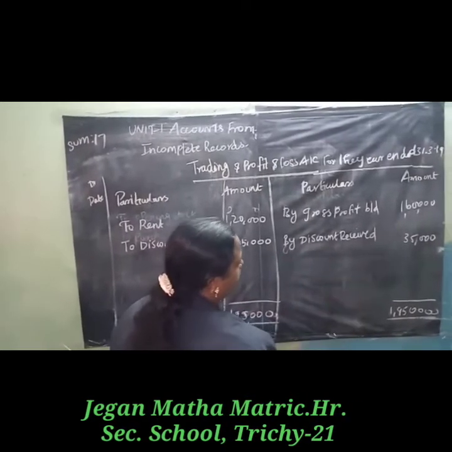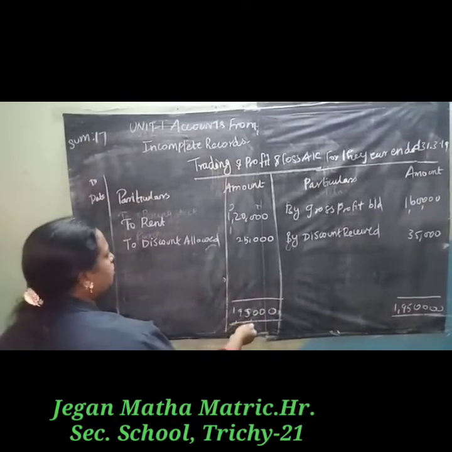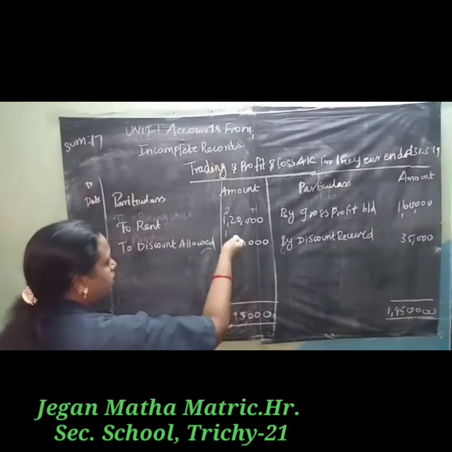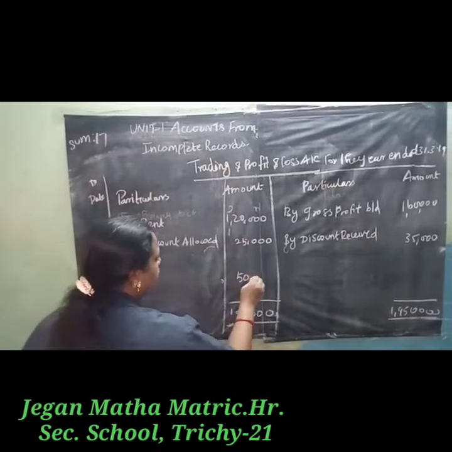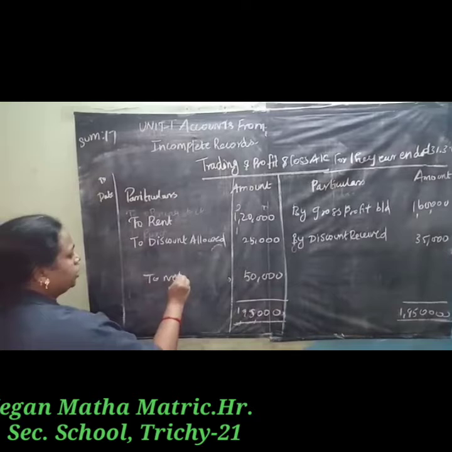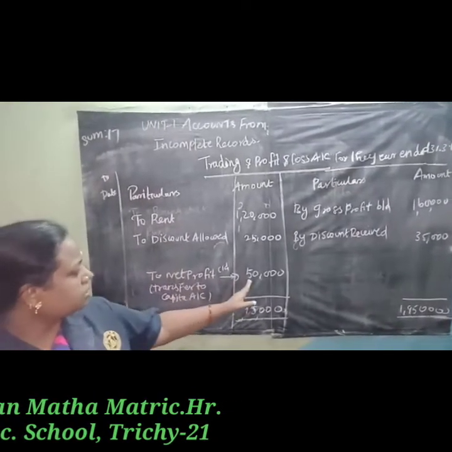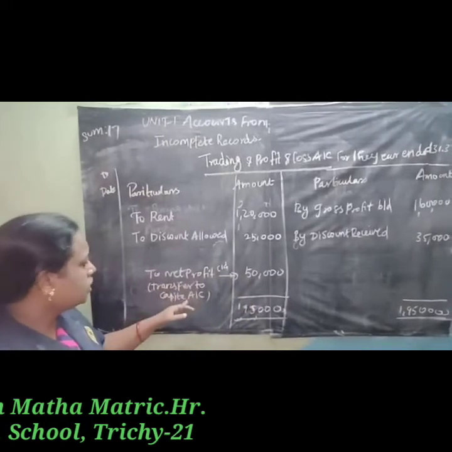The credit side total is 1,95,000. So 1,95,000 minus 1,45,000 gives the net profit of 50,000, transferred to the capital account.